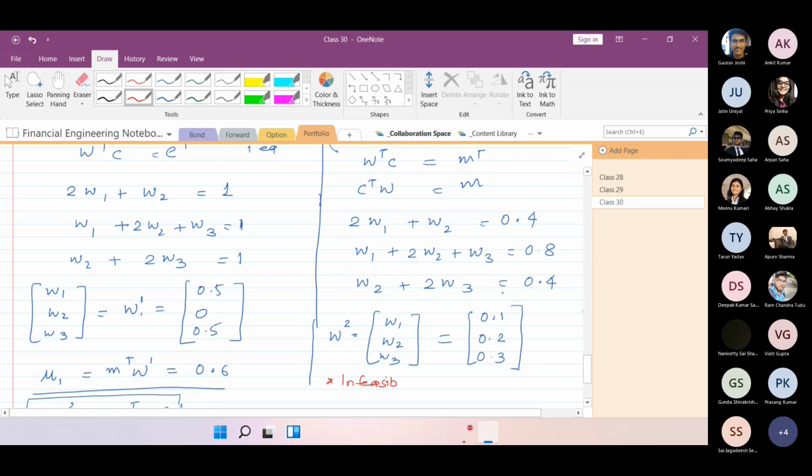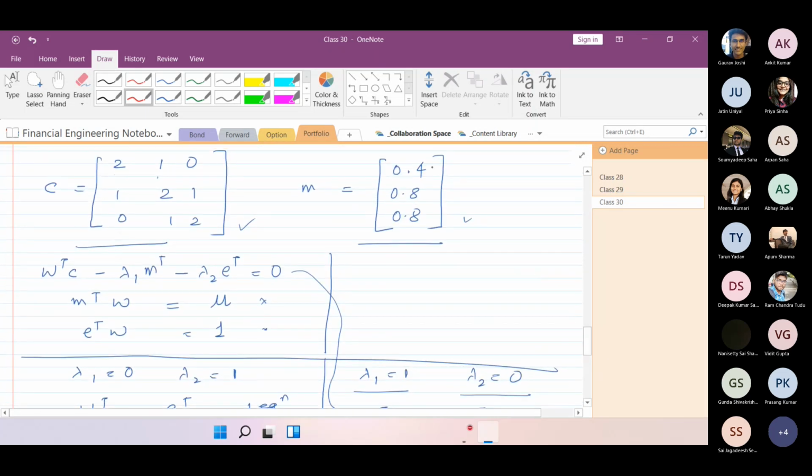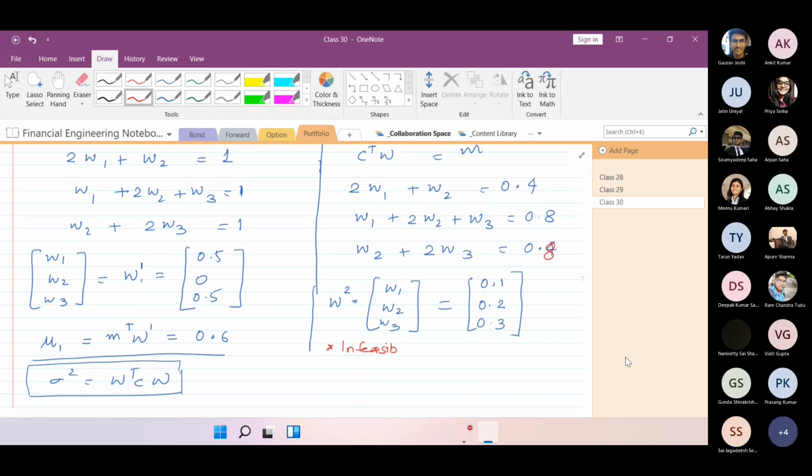Correct? This is 0.8, sorry. 0.4, 0.8 and 0.8. Is it correct now? W1, W2, W3 are 0.1, 0.2, 0.3.